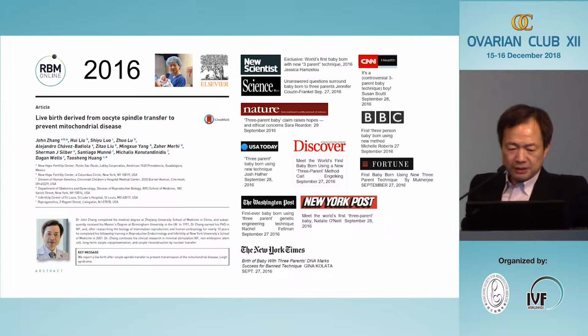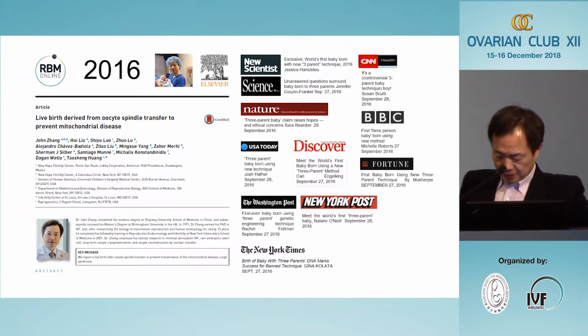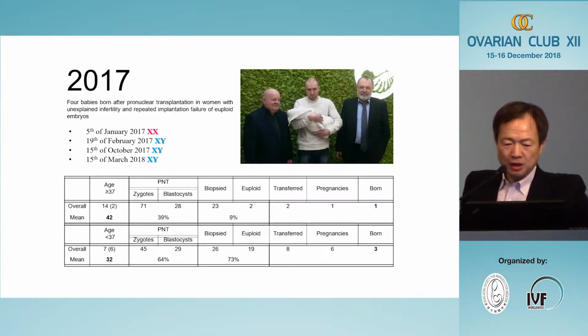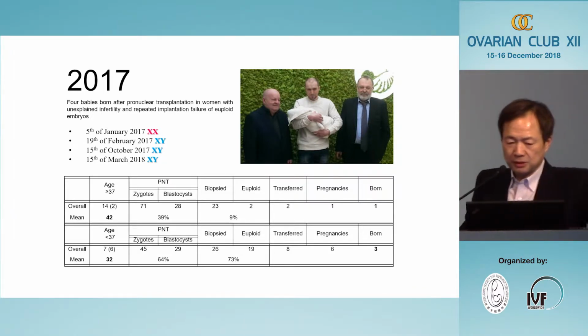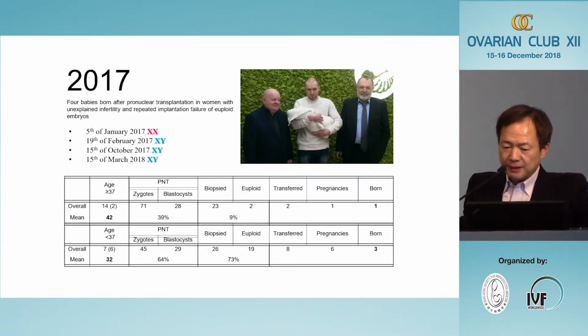And this was the first time using spindle transfer, which I'm going to describe in a minute. Shortly after, our partner in Ukraine had, up to today, 6 more live births using a slightly different technique in a group of patients with repeated embryo development arrest and recurrent implantation failure.